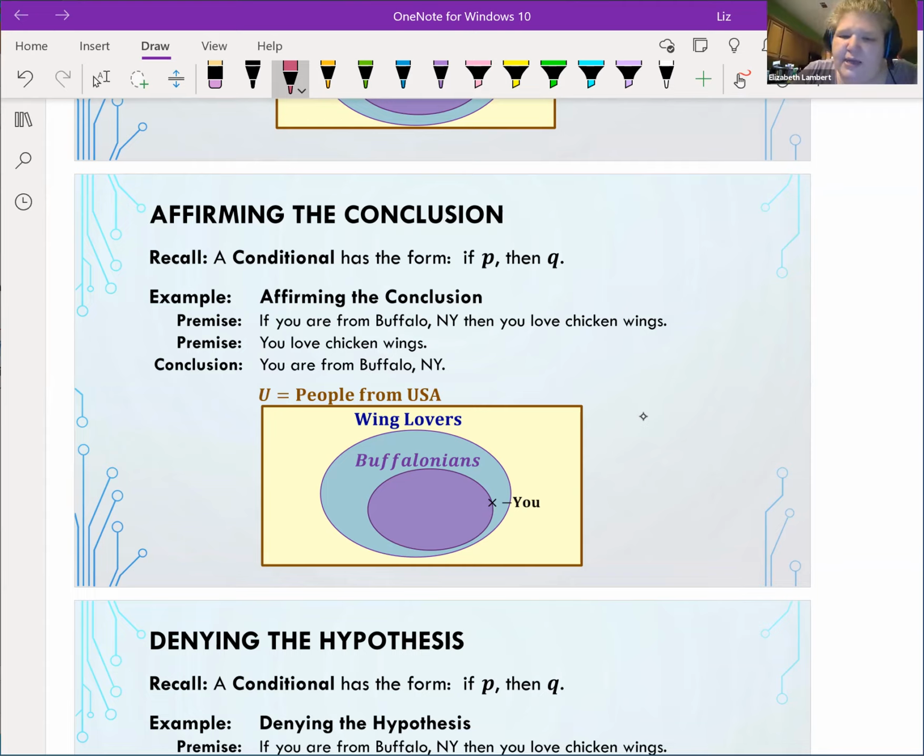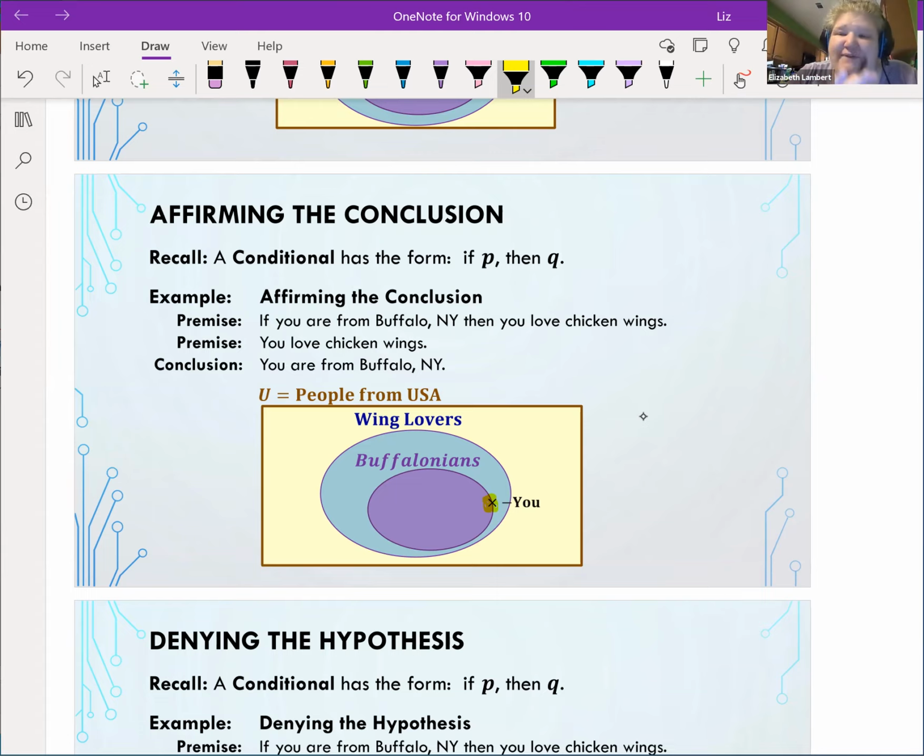That's why your X goes on the line, on the border, to show that you could be inside or outside that circle. Either you're from Buffalo or you're not. Because it's on the line, I can't guarantee for sure that you're from Buffalo, New York. You could be, but you don't have to be, logically.